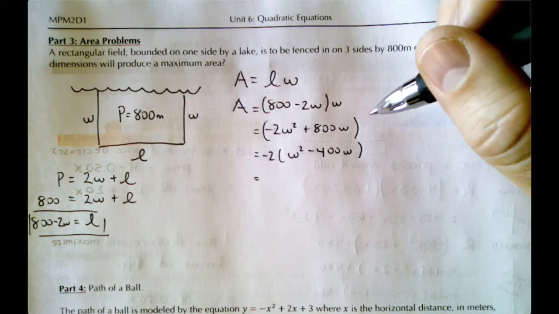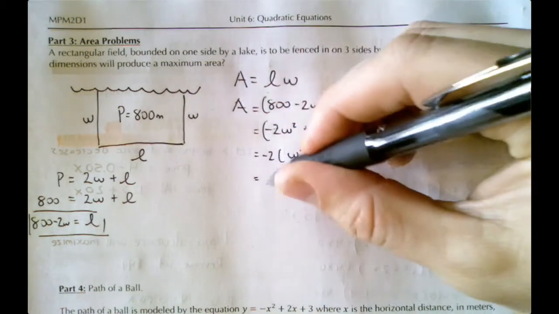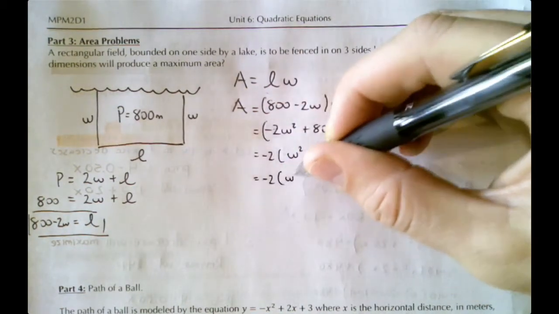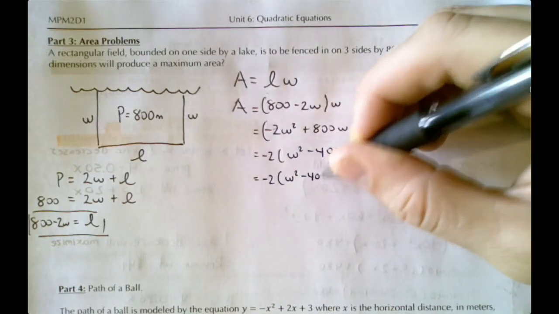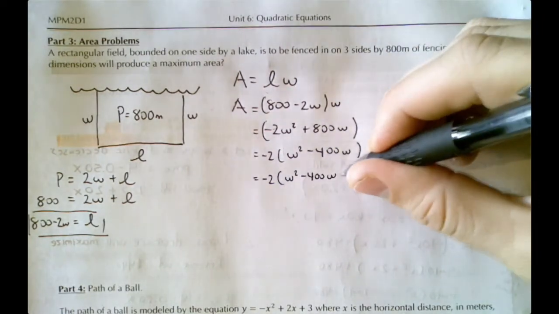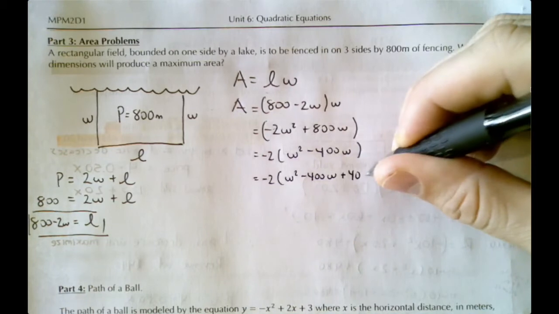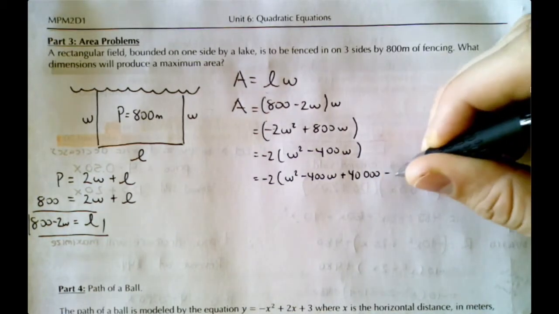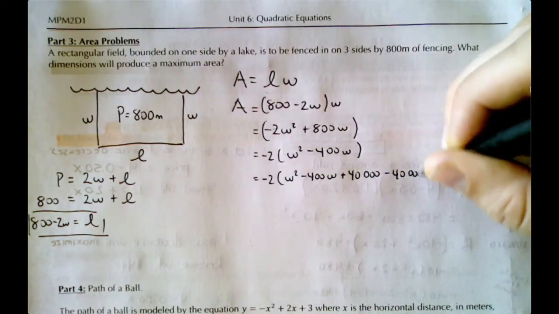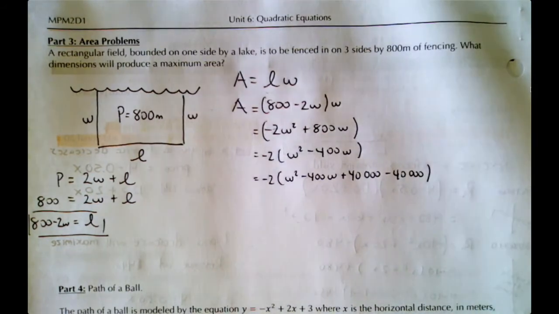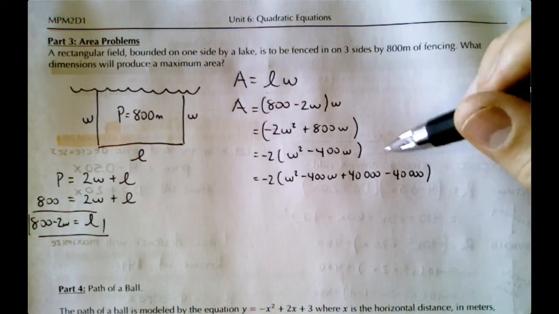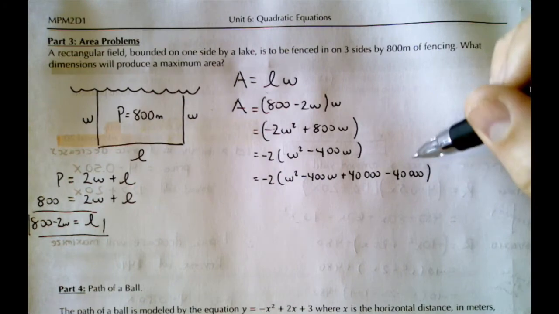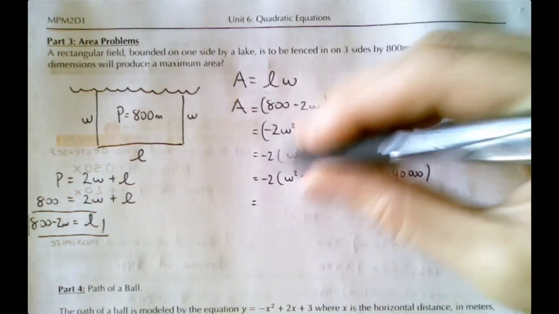If we square 20, we get 400. So negative 2, W squared minus 40W plus 400 minus 400. We're going to bring the negative 400 outside, so negative 400 times negative 2 is 800.